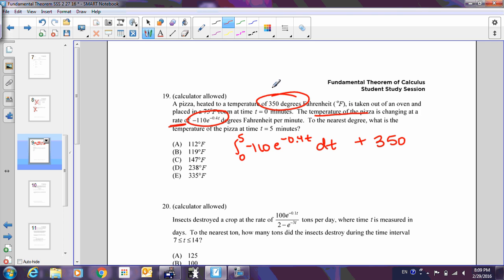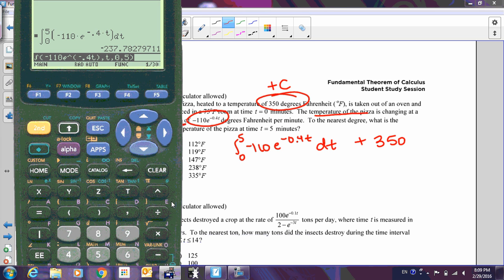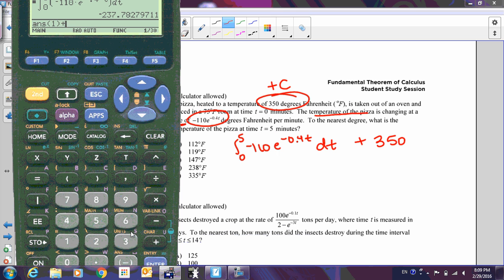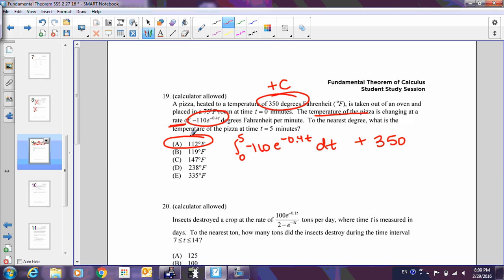It's like your plus C. So in our calculator, I would add this answer to 350, and we get 112 when we round to the nearest whole.